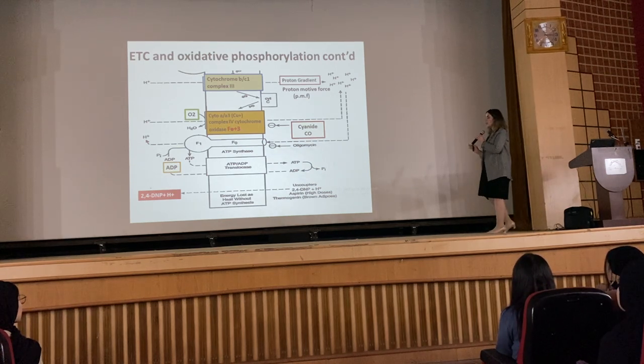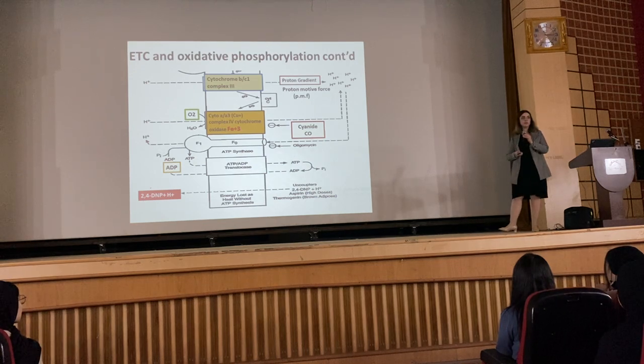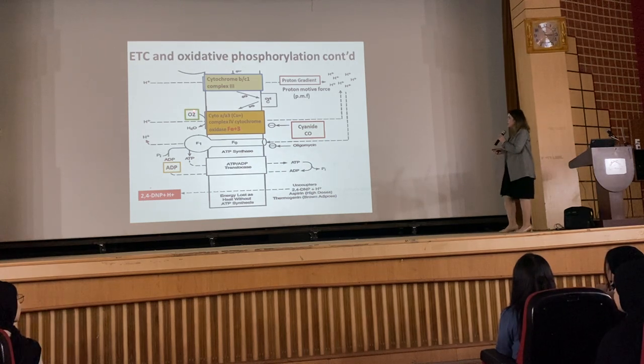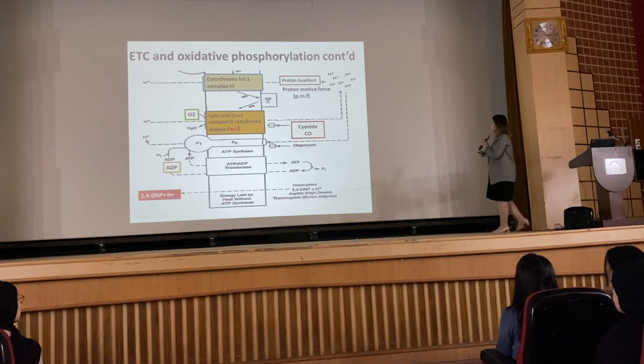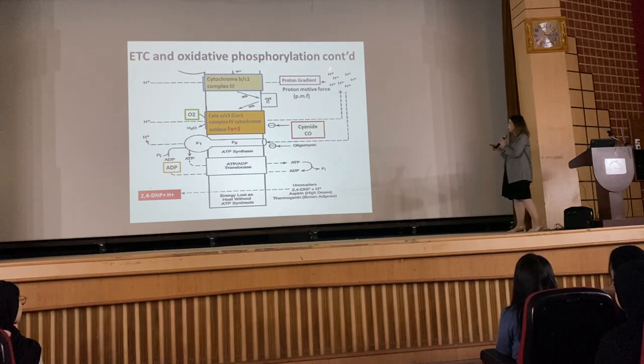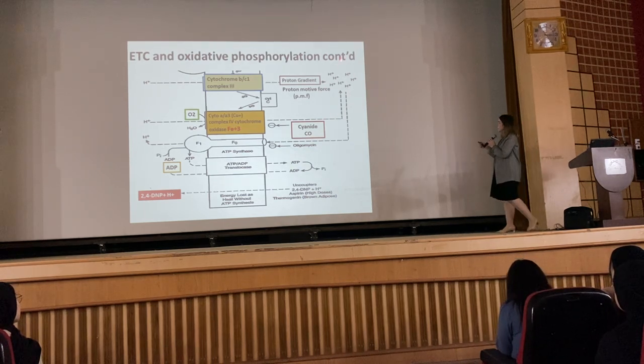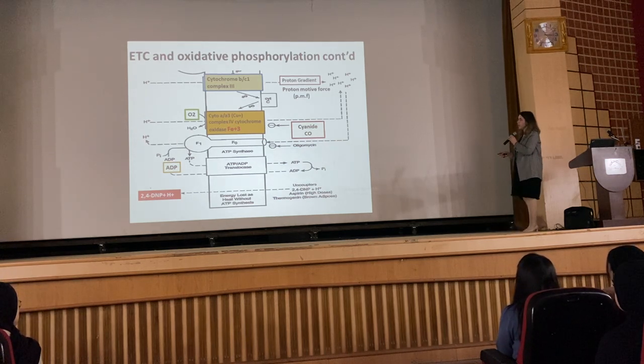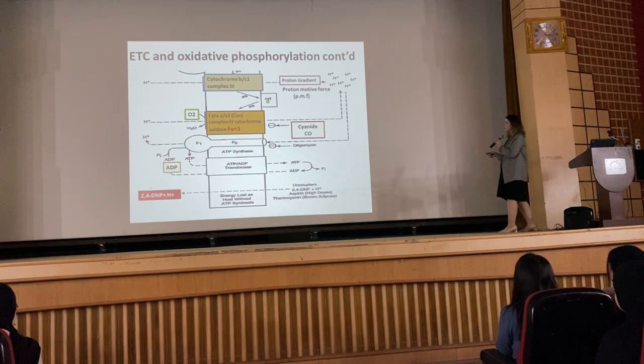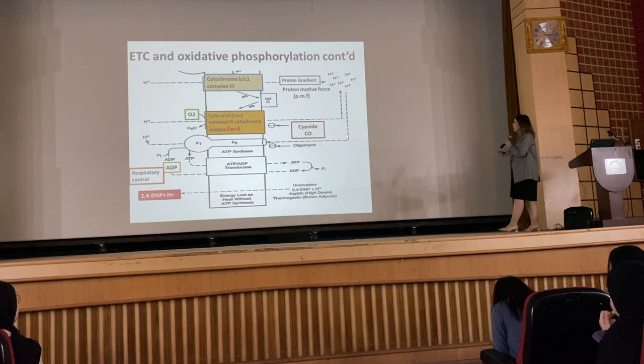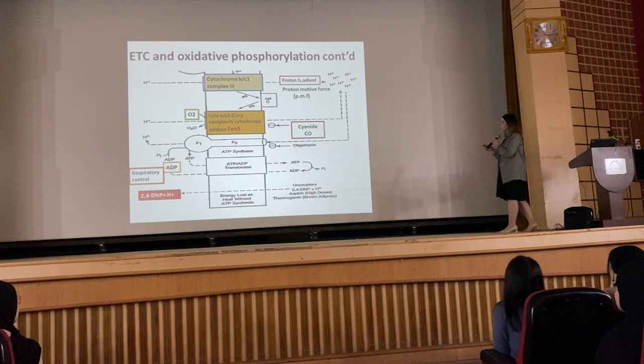Okay. The cycle is clear. Oxygen becomes water. This complex also pumps protons to the cytoplasmic side. So the protons want to go back to the mitochondrial side in order to maintain equilibrium. We have a channel here called the F0F1 compartment. This F0F1 compartment is a little bleb on the inner mitochondrial membrane. It allows the protons to go back from the cytoplasmic side to the mitochondrial side.